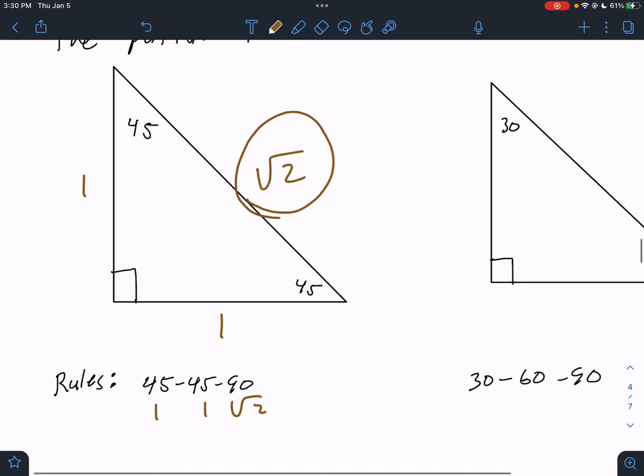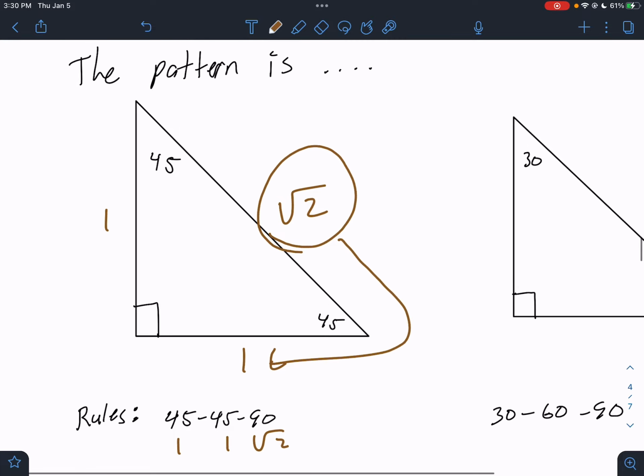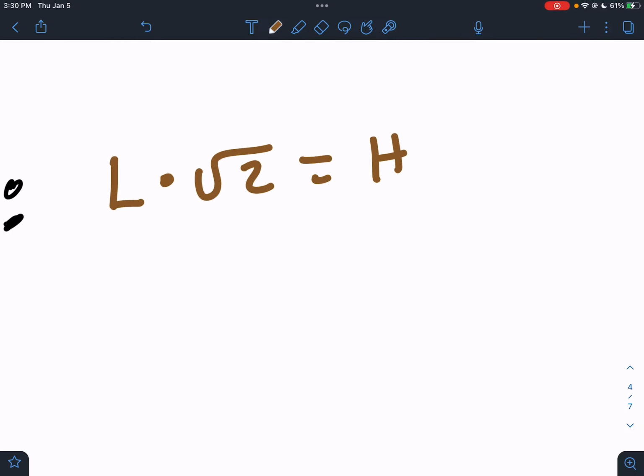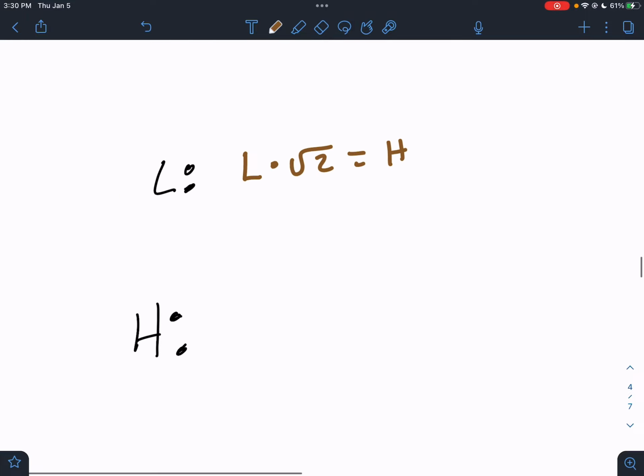How do you go backwards? If this is root 2, how do you undo that? To make root 2, you do times root 2. So going forward, we did times root 2. How would we undo this? What if we wanted to solve this for the leg?